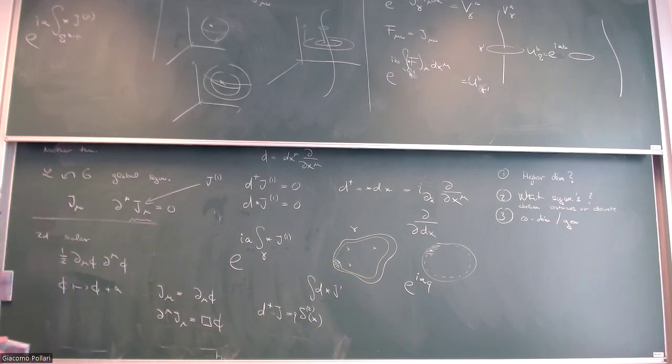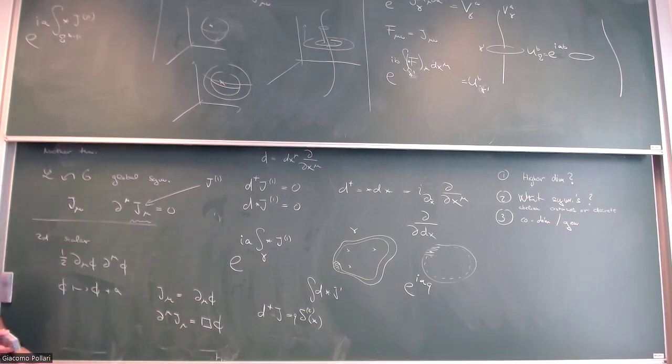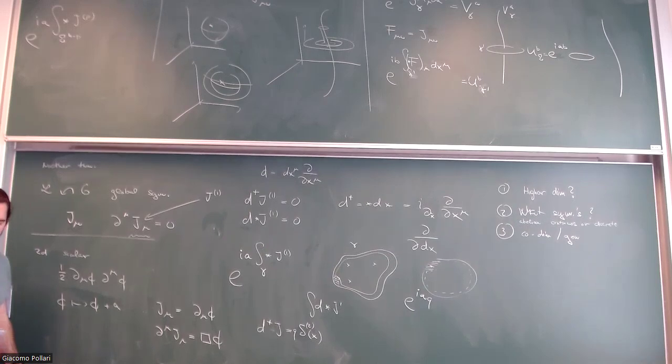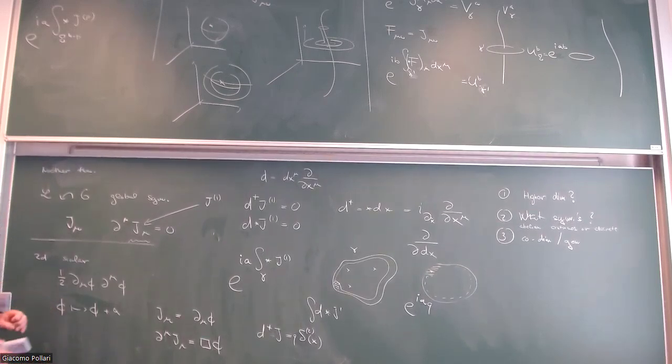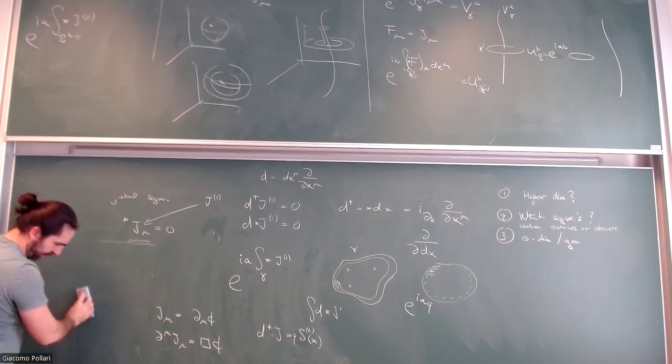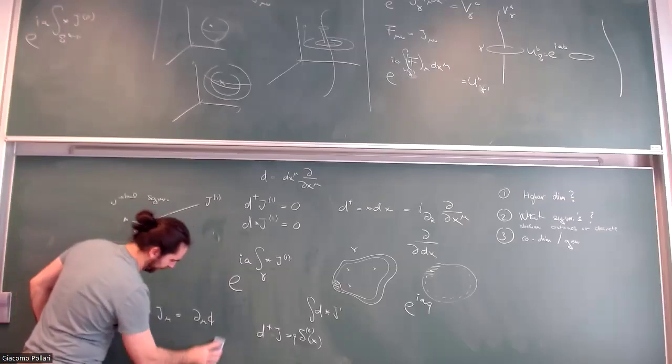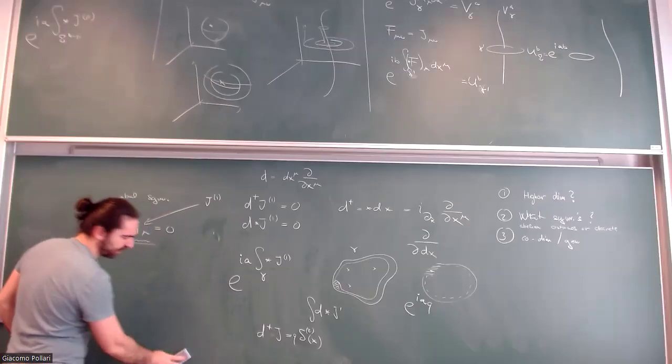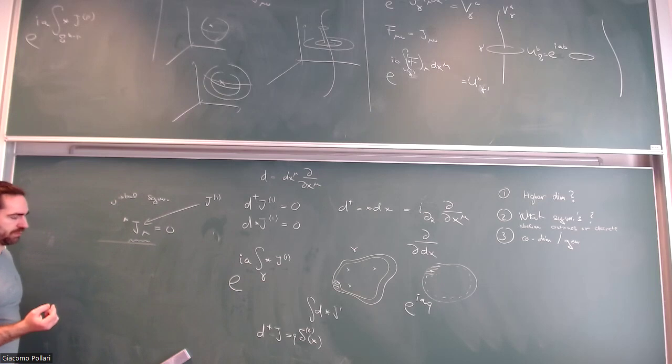So these are new symmetries, and they might be useful. I'll just comment on how they are quite useful, not give you details. They're useful, for instance, in the following way.